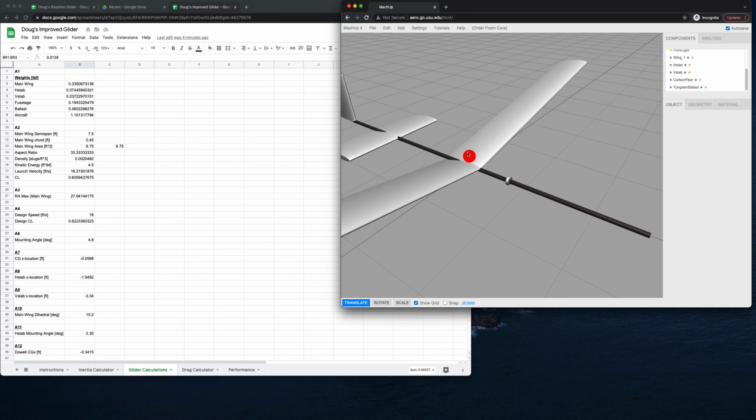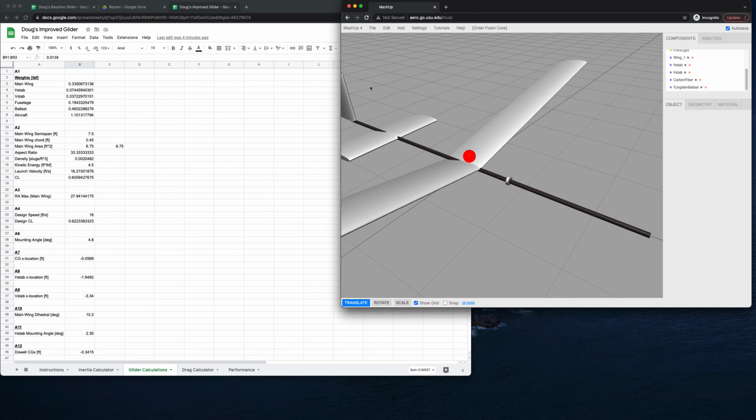Of course, we can remove weight by making the lifting surfaces smaller, but that's not nearly as effective as reducing the weight of this carbon rod, which I'm not even using up here. It is offsetting the CG a little bit by having this weight up here, but I could significantly reduce the length of that, cut that back, and decrease the drag and weight of this section. I can also move this guy forward and make him smaller, so it's less weight, but I can still get the CG in the location that I need by moving it forward and decreasing its size.